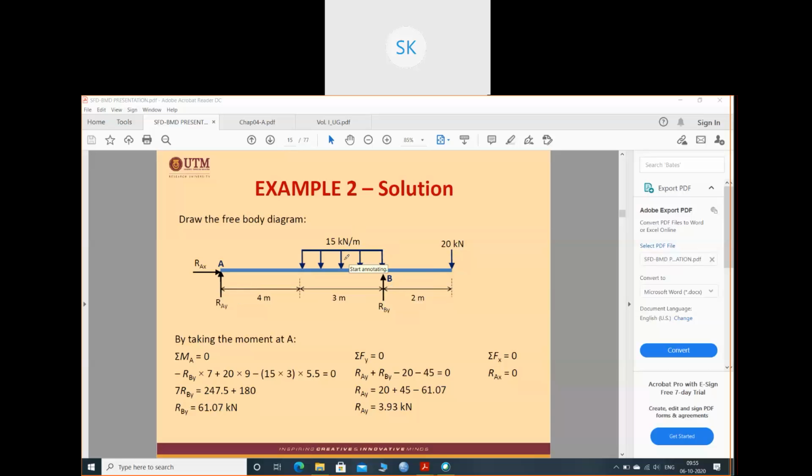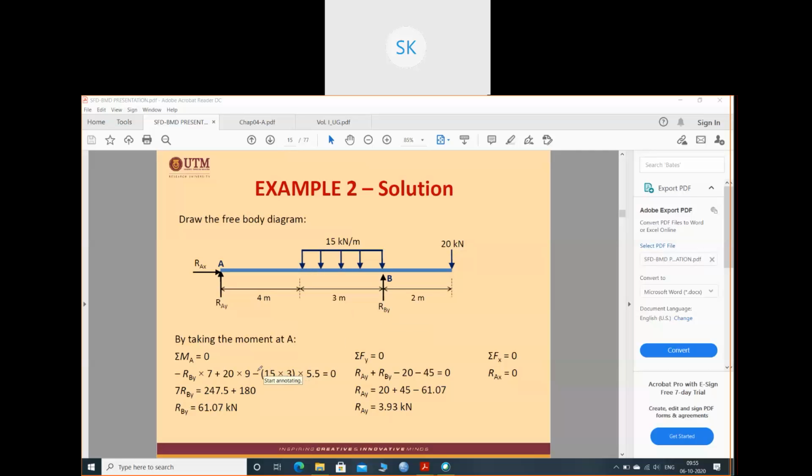And the distance is in this direction. Okay, there may be some mistakes. Yes, this is in clockwise direction. We have to take the negative.